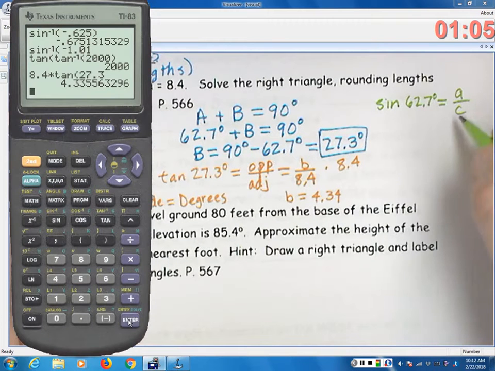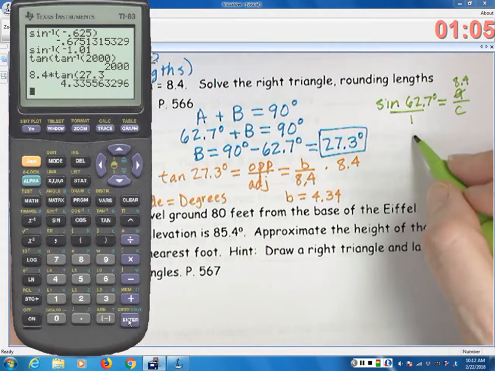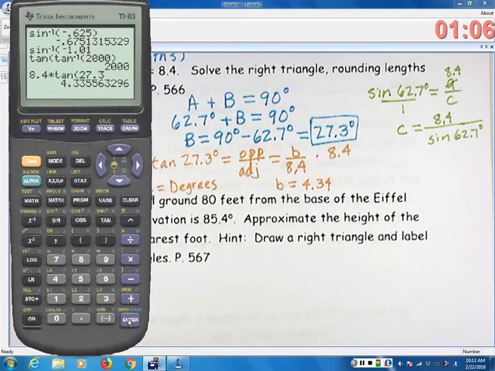A is 8.4. We can cross multiply, or switch these around. C is going to be 8.4 divided by sine of 62.7 degrees. And we get 9.45.